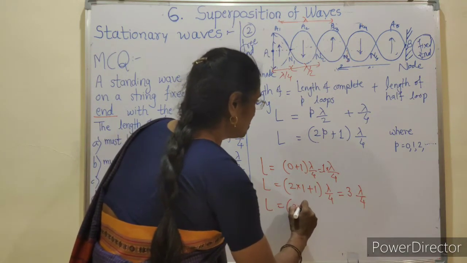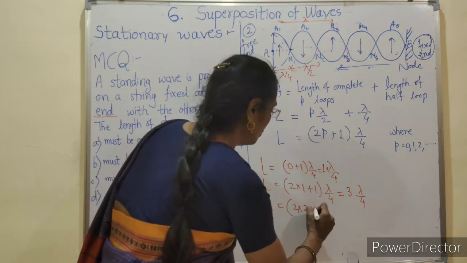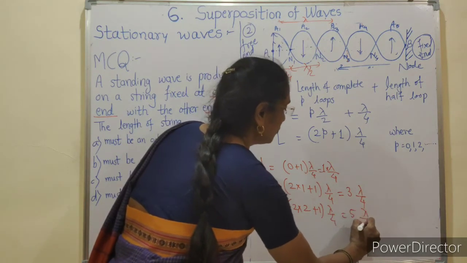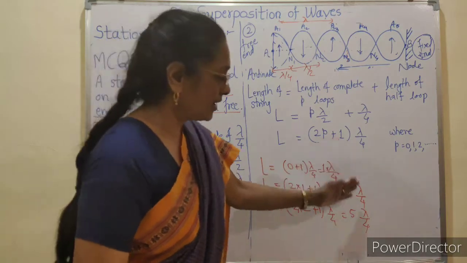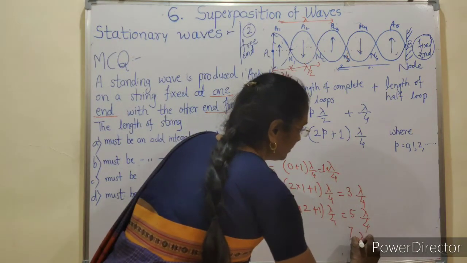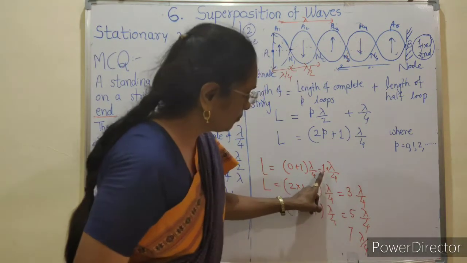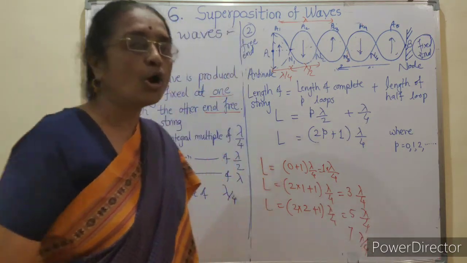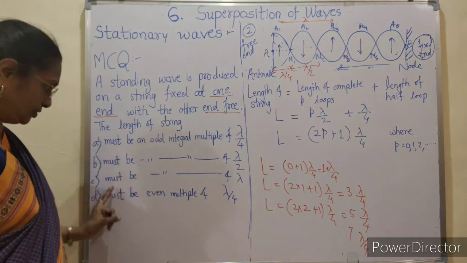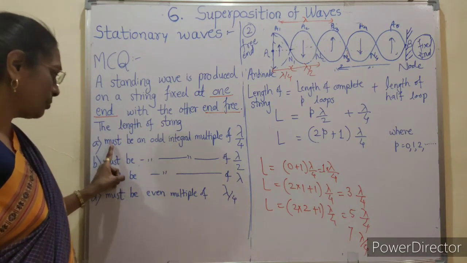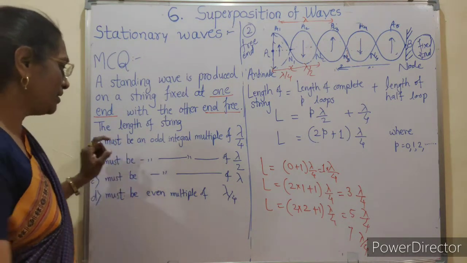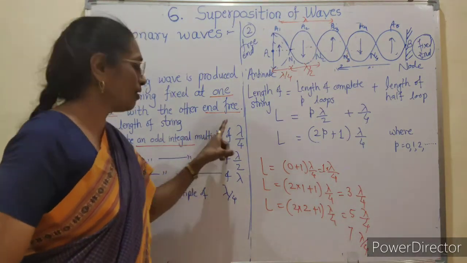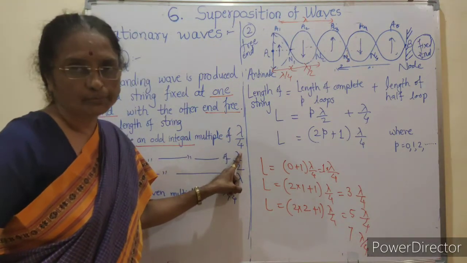Then substituting P equal to 2, we get 5 into lambda by 4, and so on. We get 7 into lambda by 4. So 1, 3, 5, 7 are all odd multiples. So the appropriate option is: must be an odd integral multiple of lambda by 4.